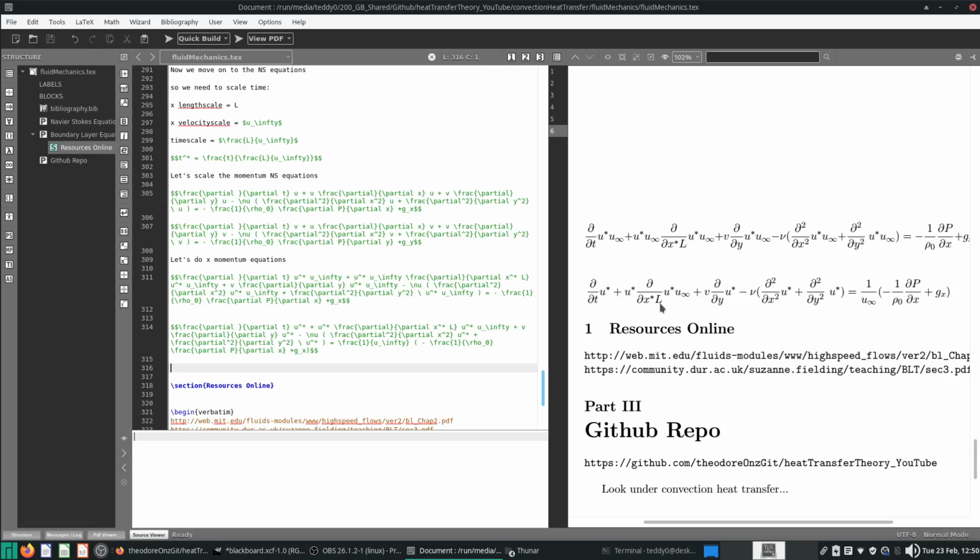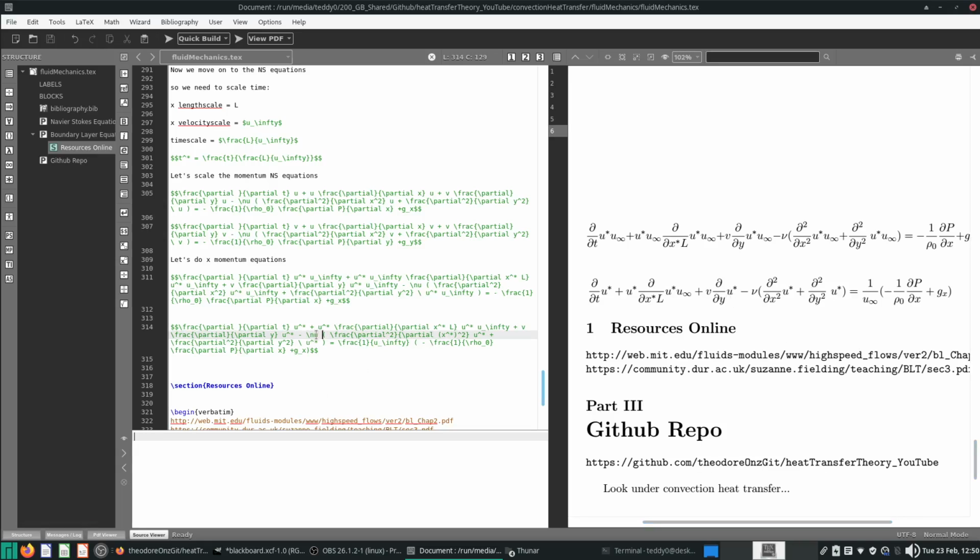The next thing we can scale is this x coordinate. So this will be x star into L once. This one will be x star into L twice, because this is del by del x squared. So let's do x star squared, and then we'll bring the L squared out. So nu will be divided by L squared. So I'm just dealing with this term here.